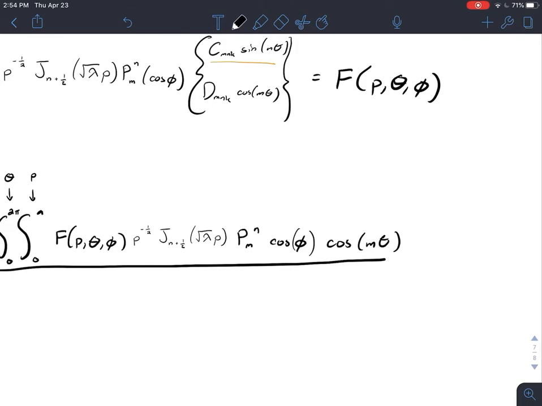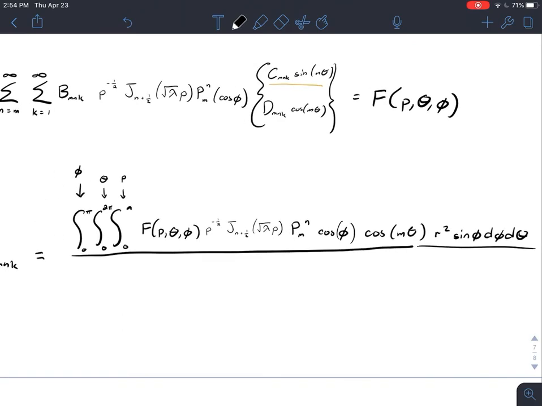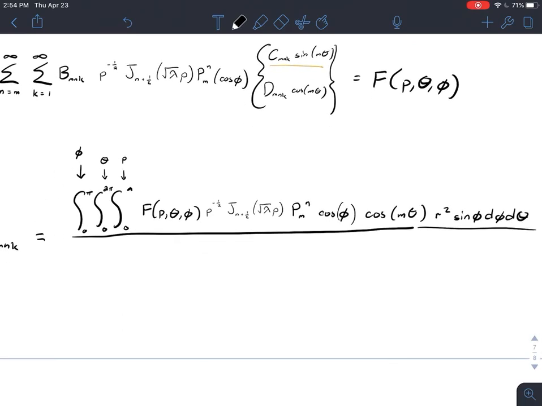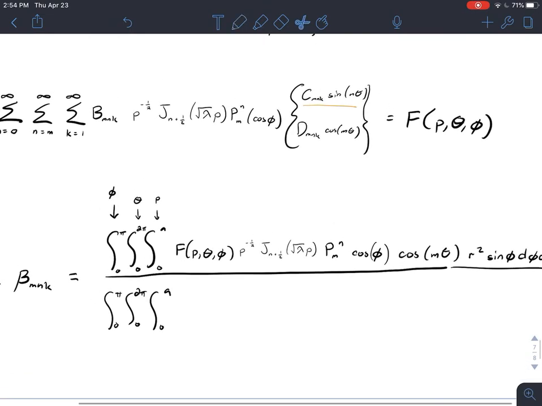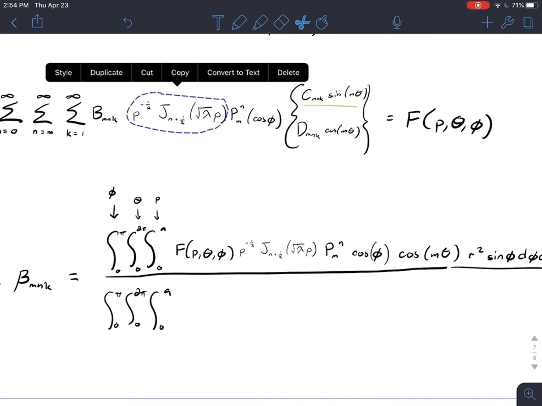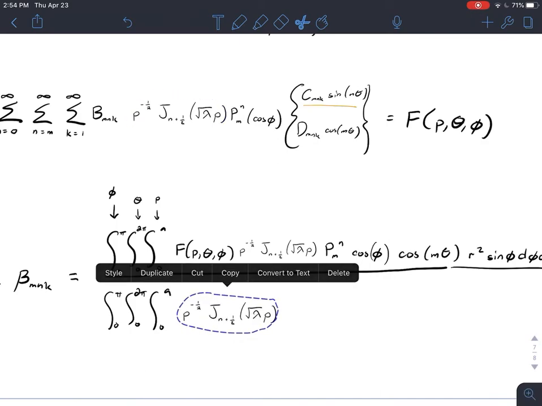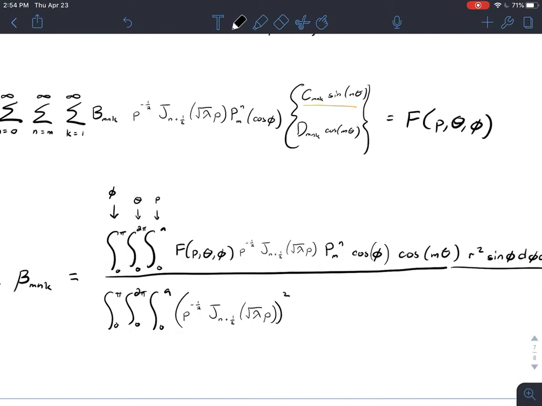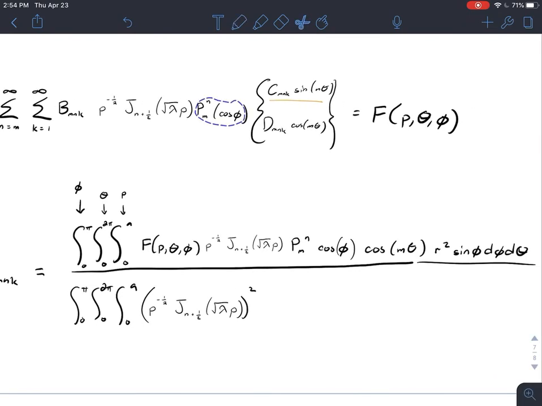So this is going to correspond to, I believe, r squared sine phi d phi d theta. Great. Then we also have to do a triple integral on the bottom, from 0 to 2 pi, 0 to a. This time we're going to square all the eigenfunctions. So this term gets squared. The Legendre polynomials also get squared.